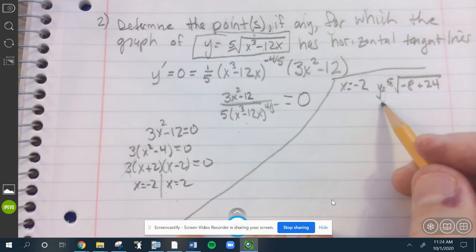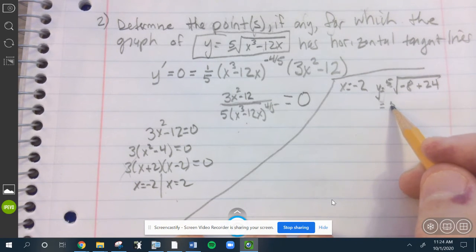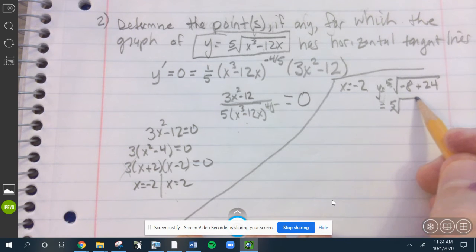This would give us the fifth root of 16.